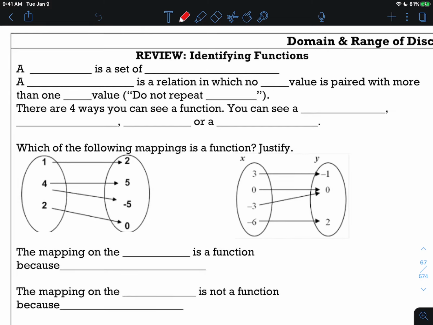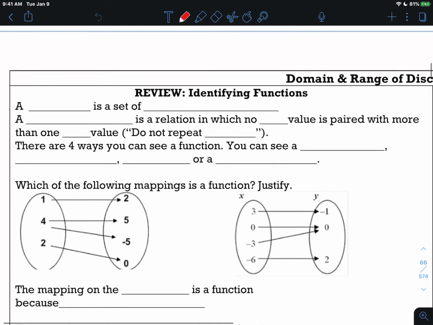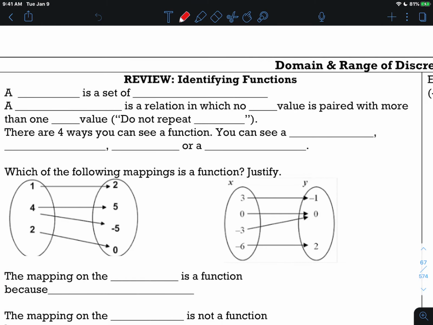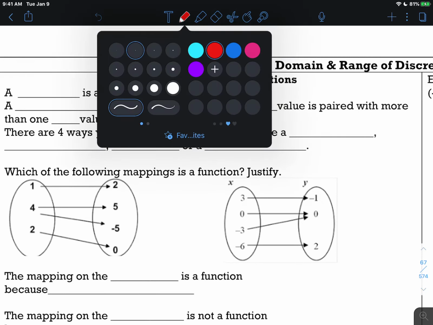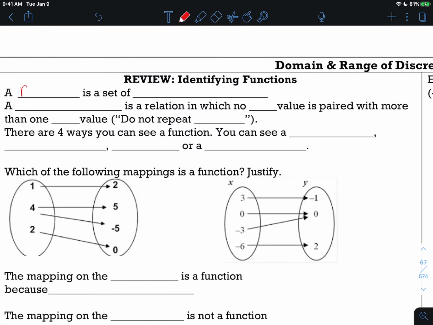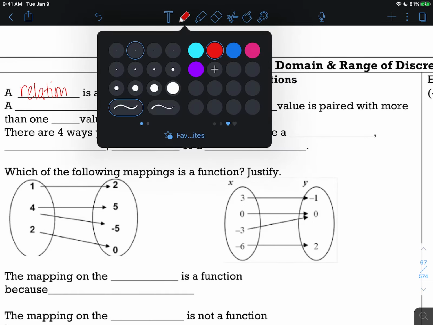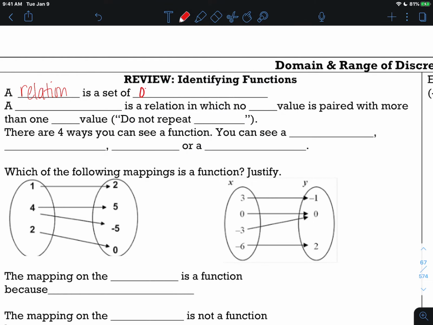So first of all, let's talk about what in the world is a function. First thing we need to know about this is the word relation. A relation is a set of ordered pairs, meaning x, comma, y.